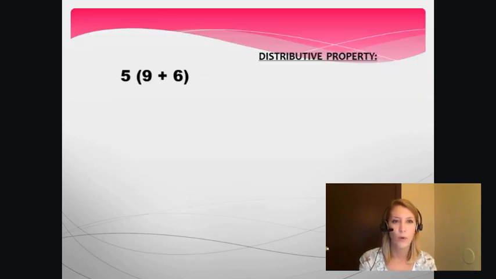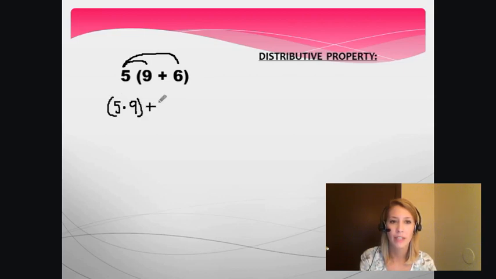In this example, we have in our parentheses 9 plus 6. But on the outside of our parentheses, we have the value of 5. We are going to distribute that to everything inside the parentheses. And let's rewrite that. We have 5 times 9 plus 5 times 6.